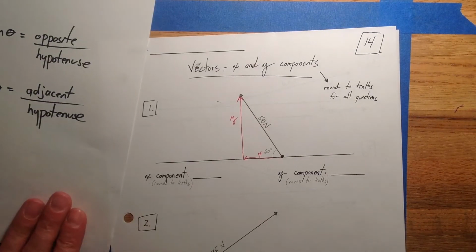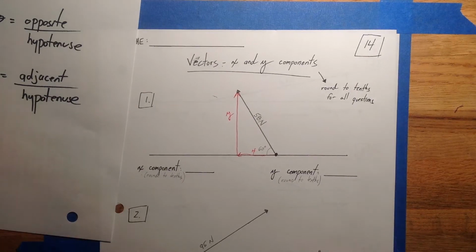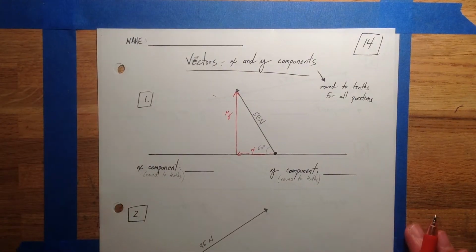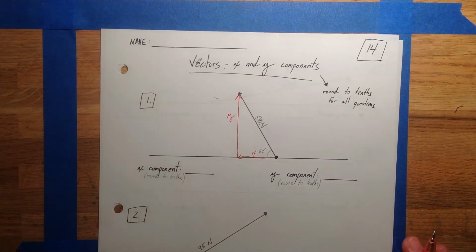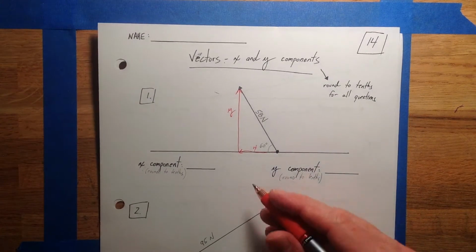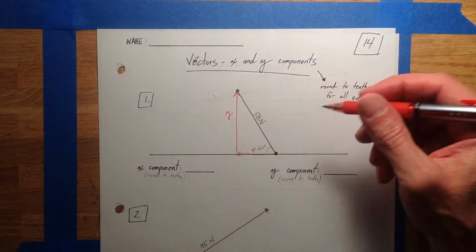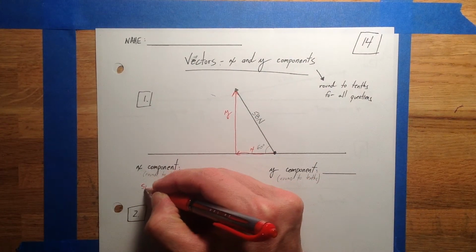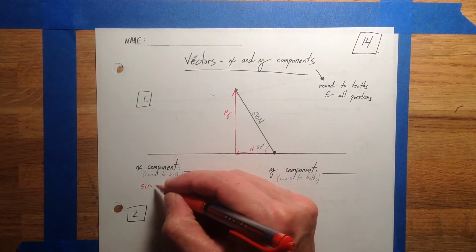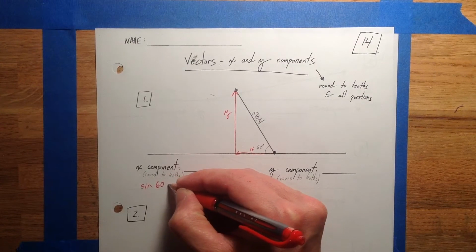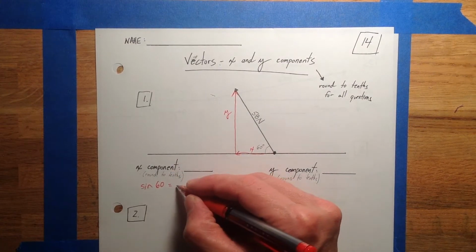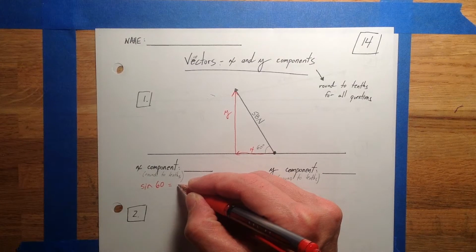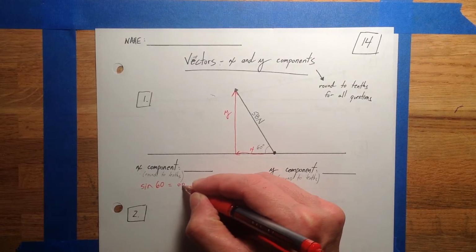So to find y, it is going to be sine of 60 equals opposite over 58. That's what we're looking for.